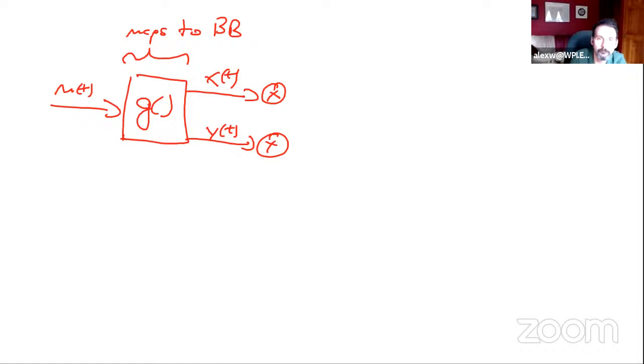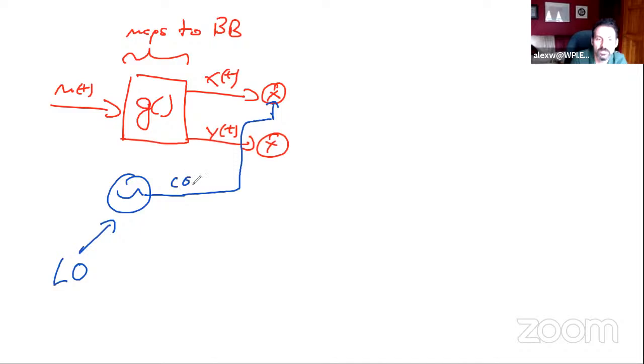So here, you multiply by cosine 2 pi. Let me do it even better than that. So there's some local oscillator, LO. Okay, and this creates a cosine wave of a very specific frequency.